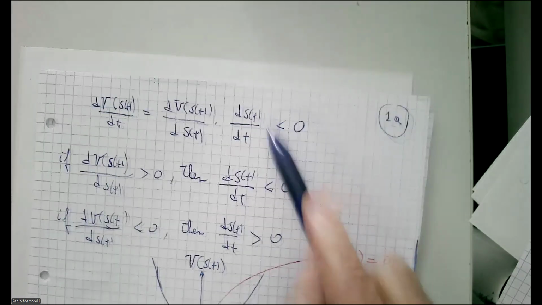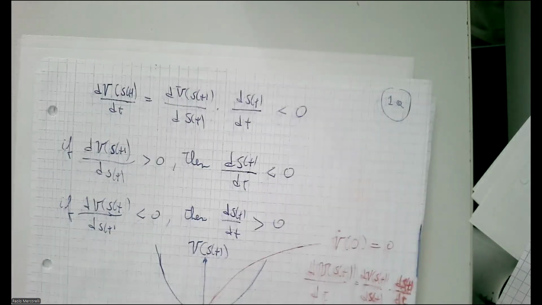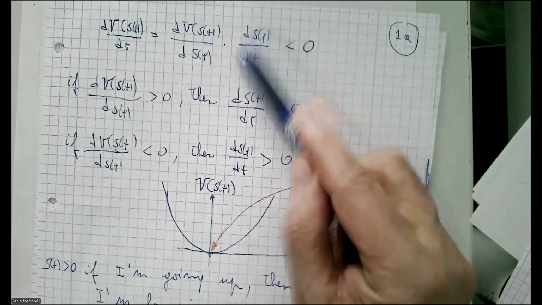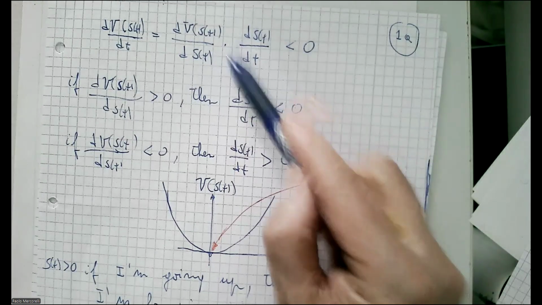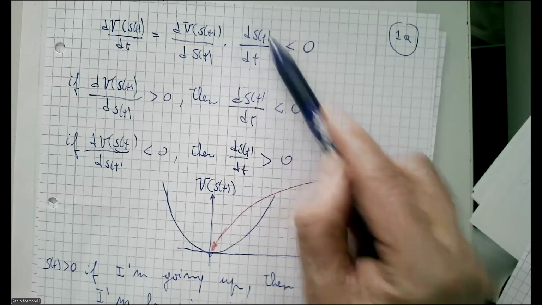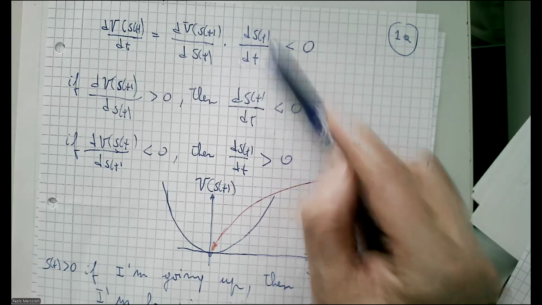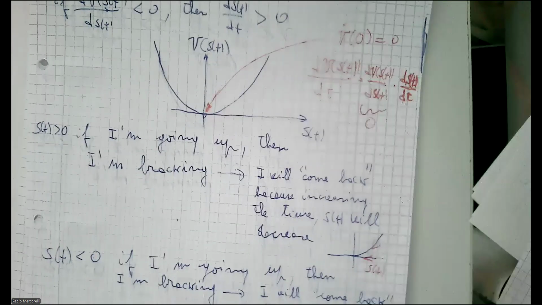Again, if this is negative, this means I have a region with this negative. Let me see if I'm able to show you.